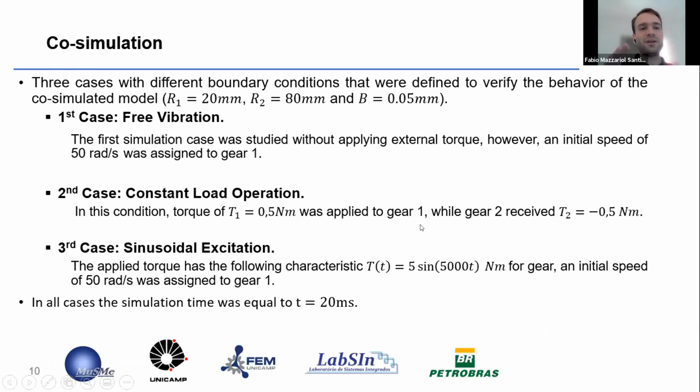We have three scenarios. The first scenario is based on initial velocity for gear 1. The second scenario is based on driver torque on gear 1 and resistance torque on gear 2. And the third scenario is based on an initial speed of gear 1 and a sinusoidal torque, also for this gear, at high frequency.